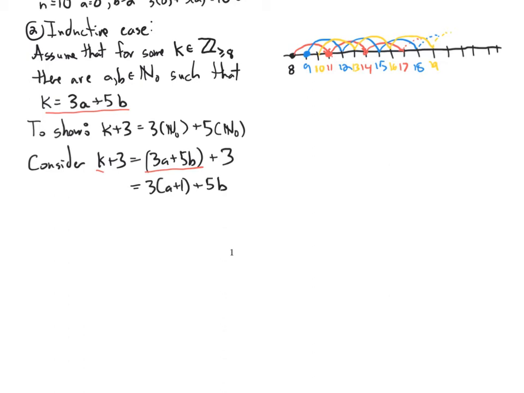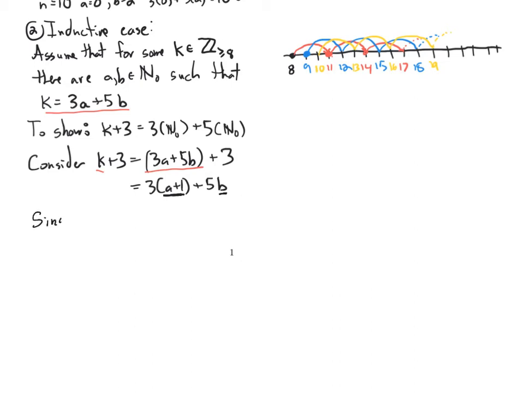All it's basically saying is, if we know it's true for one value, for example for 14, to show it's true for the value 3 more than 14, so 17, just add a 3. That's all we're doing. So now we have a plus 1 3's, and we still have the same number of 5's. And let's tell people that these are still whole numbers.